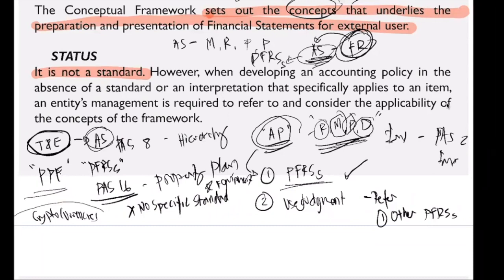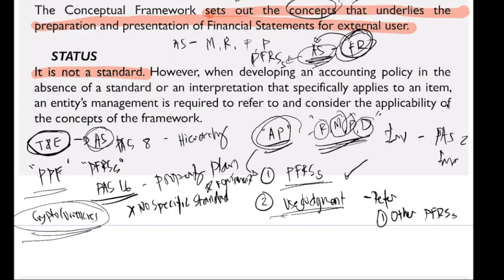Now, our main problem is cryptocurrencies. Is cryptocurrency provided by a standard? Specifically, none. Therefore, we go to the next hierarchy, that is the use of judgment. So in using your judgment, the standard or PAS 8 provides that you must refer to other PFRSs. So what does your other PFRSs mean?